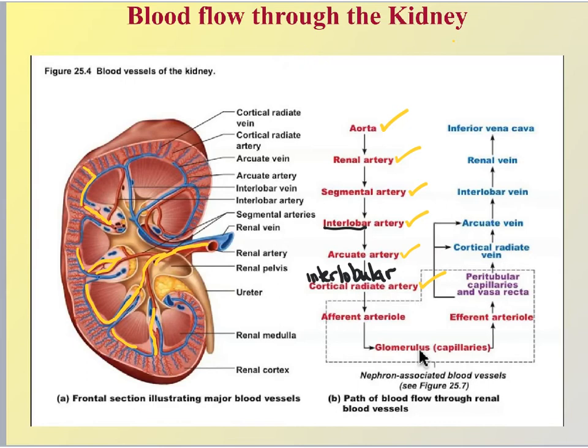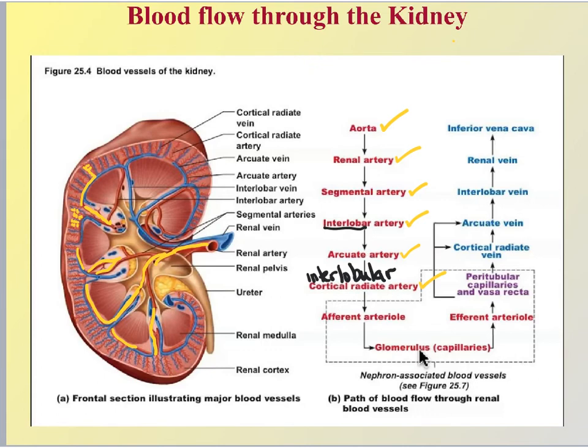All right, those cortical radiate arteries then are going to have small branches off of the side. And let me go to a different area on this picture here so that's easier to see. These little branches right here, you can barely see them. I'll show them to you on another picture too. Those are what we call afferent arterioles.